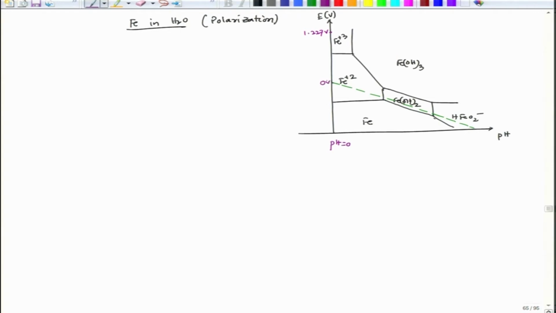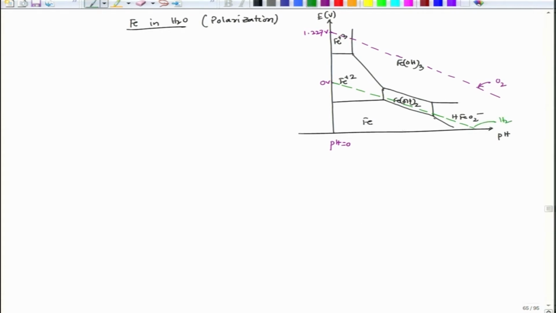So, if we draw that parallel line, this is another line. This is the oxygen line, and this line is the hydrogen line.